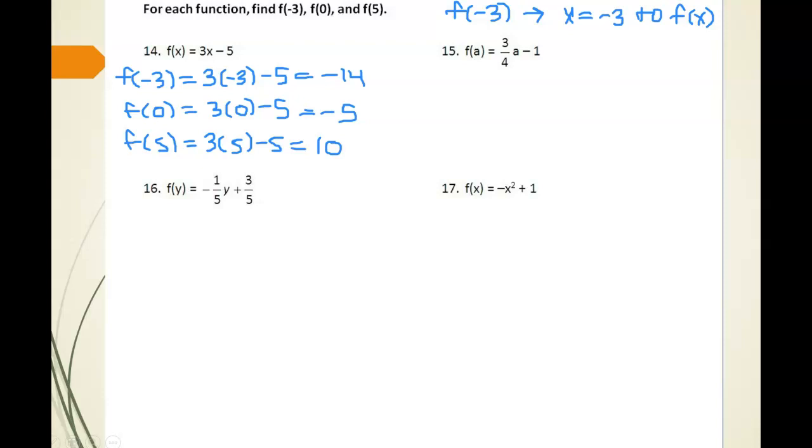I always suggest showing this middle part here because on a test, if you type it into your calculator wrong and you don't show me that middle part and you get the wrong number, I can't allot you any partial credit. But if you show me that middle part and you get the wrong number, then I can give you points for plugging in correctly but typing it in on a calculator incorrectly.